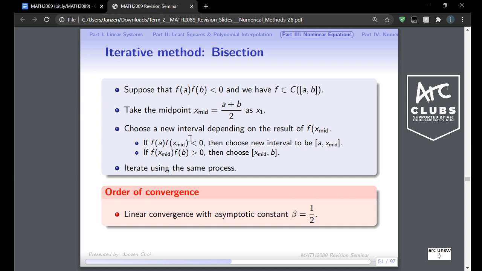This method is quite simple but extremely tedious, and it takes a lot of iterations to get an accurate answer. That's why the order of convergence of the bisection method is linear, so v is equal to 1.